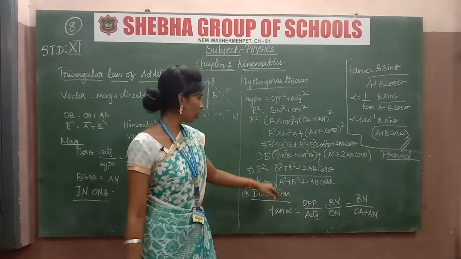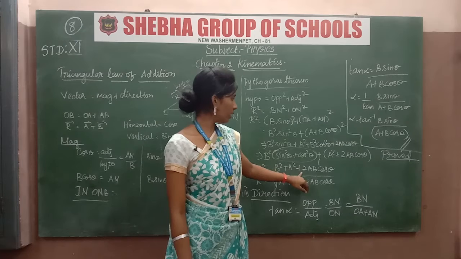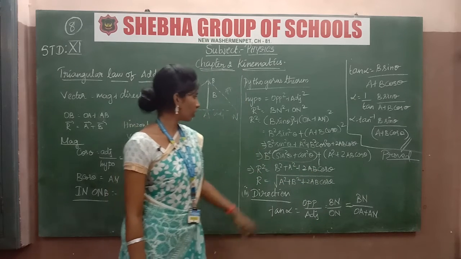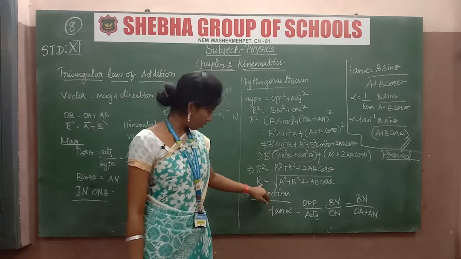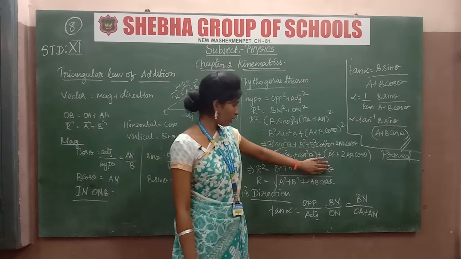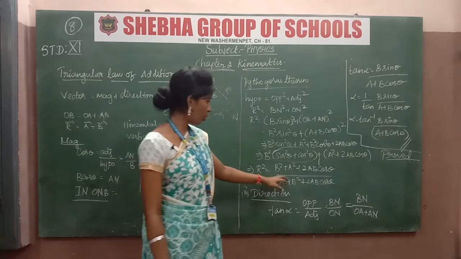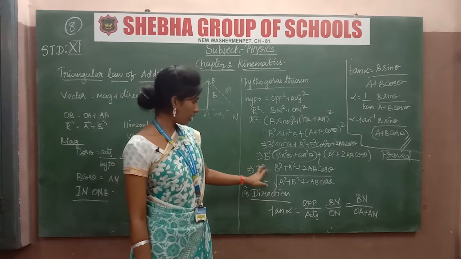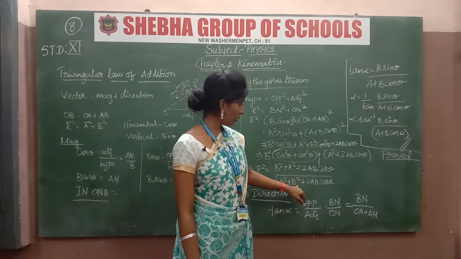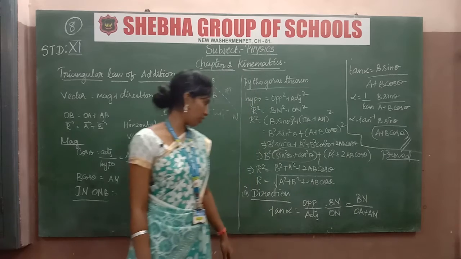Okay, so B square plus A square plus 2AB cos theta. So cos square cancels. So here we take the root. Since everything is in square, we take the whole root, because R square will be applying this formula. So root of A square plus B square plus 2AB cos theta will be taken.